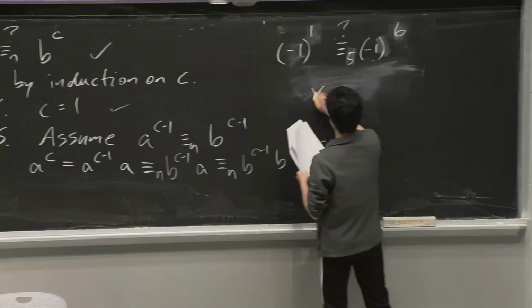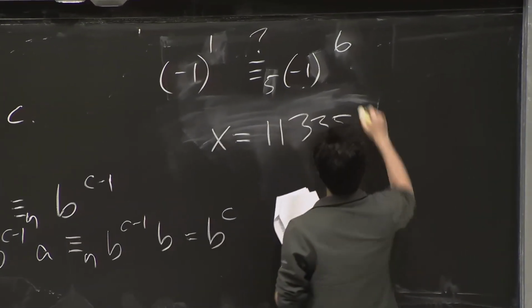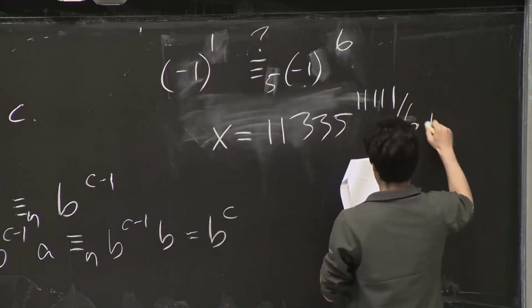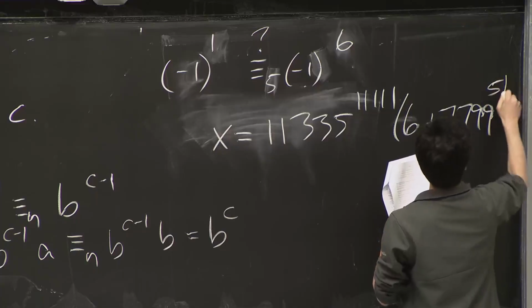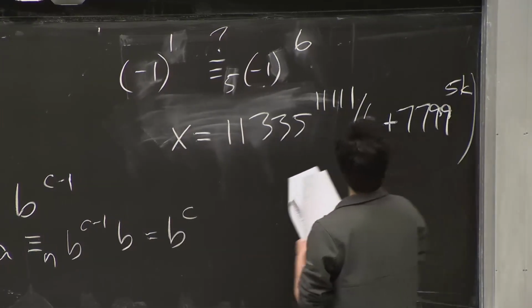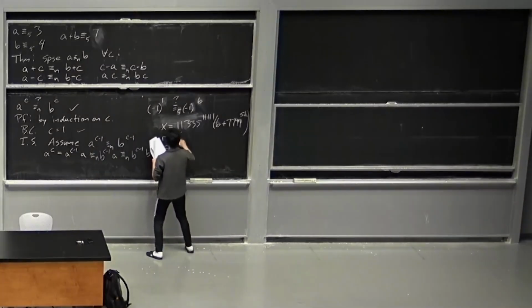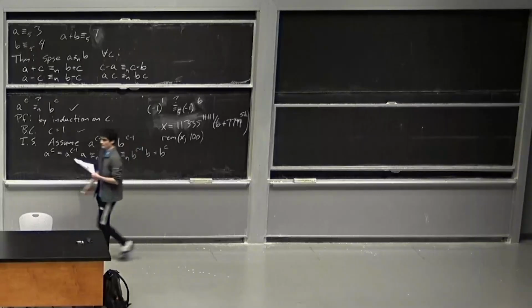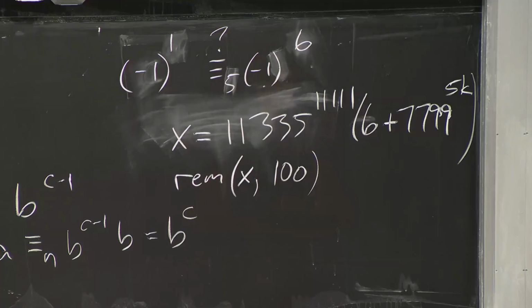Suppose x is 11335 to the 11111 multiplied by 6 plus 7799 to the 5000. How might we compute the remainder of x after we divide by 100? How can we use the two theorems that we did prove to compute that efficiently?